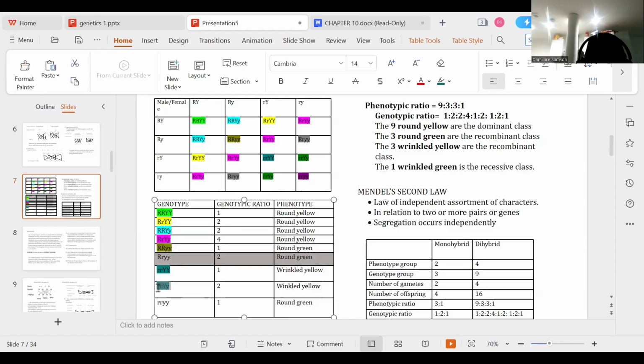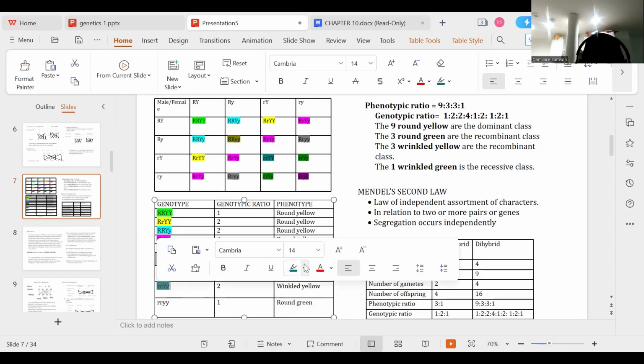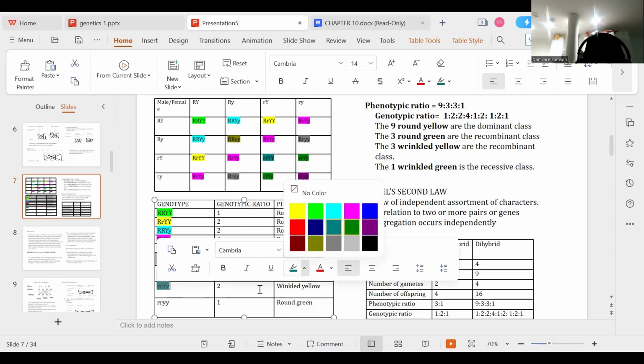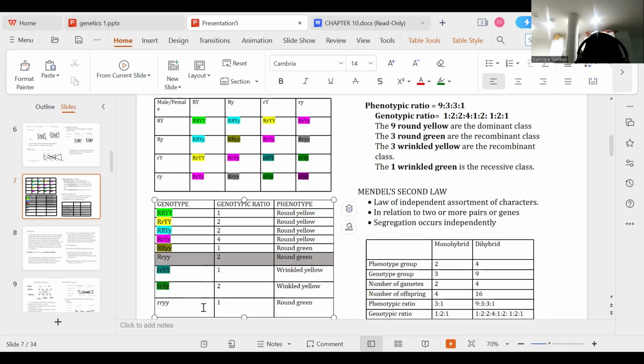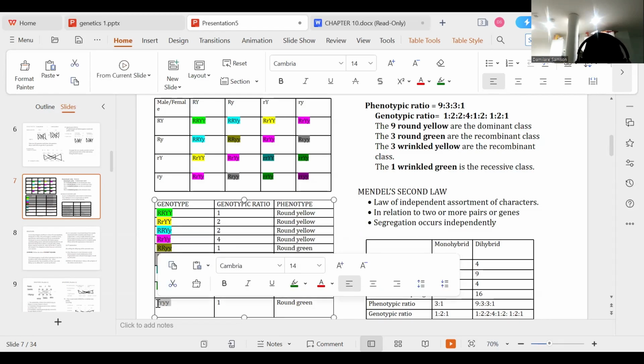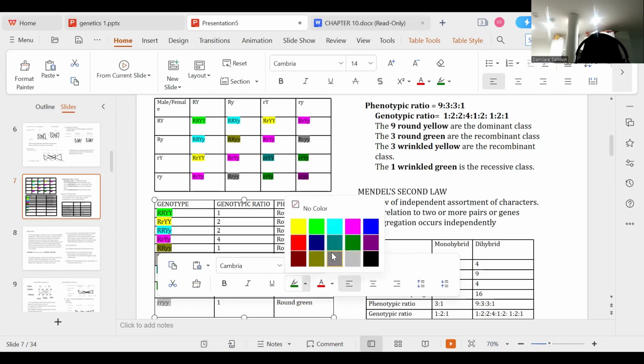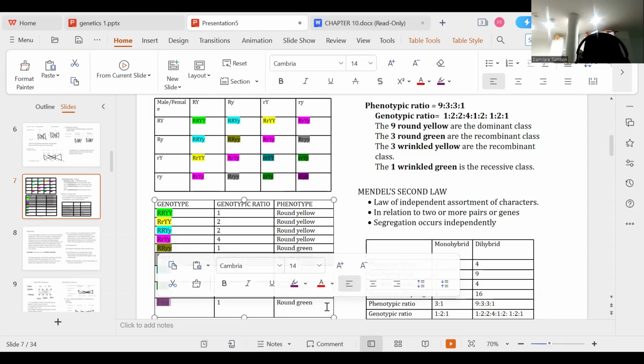No, I use the deep green, not this. Beautiful. And the last one, I use this. What did I use? Too small. Okay, good. I think I used this.